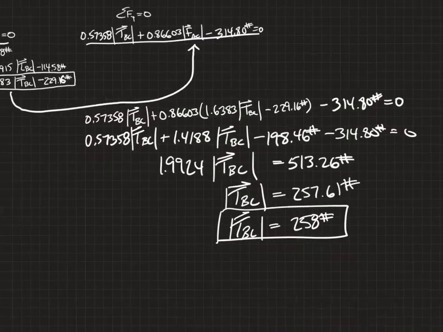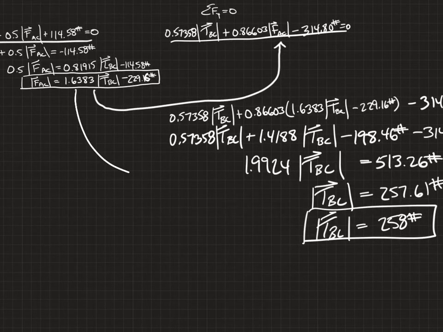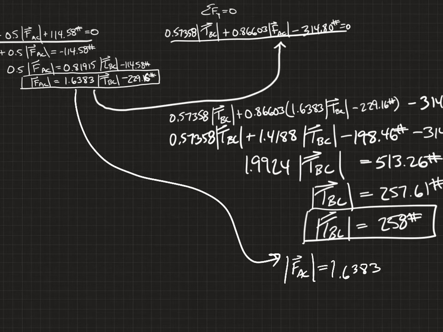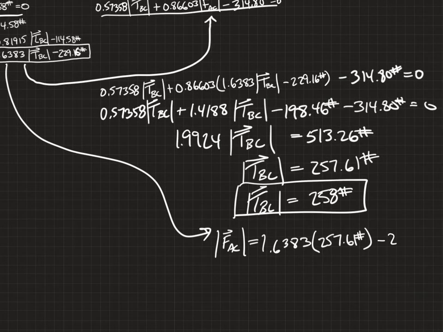And if we want F_AC, what we'll do is go back up to this original equation right here. F_AC equals 1.6383 times T_BC, which is 257.61 pounds, minus my lucky number, 229.16 pounds.